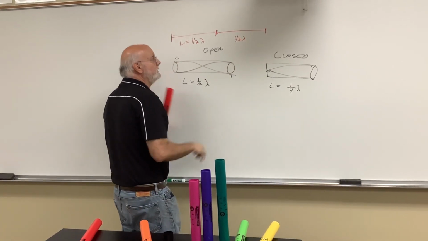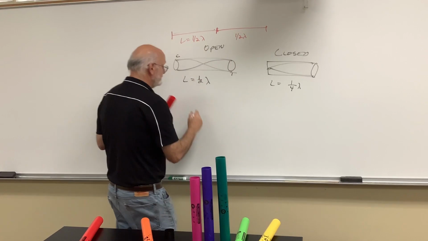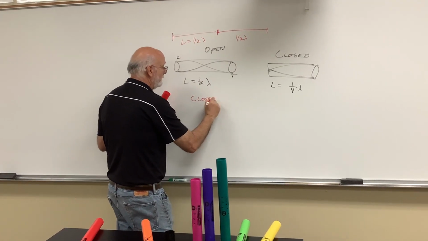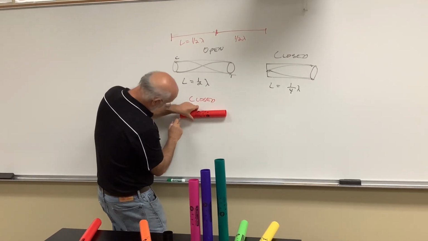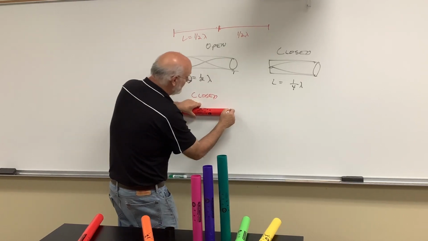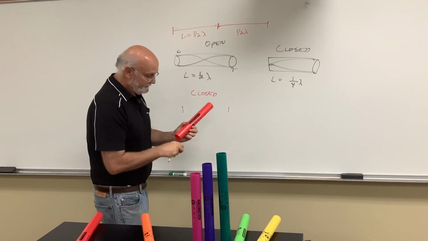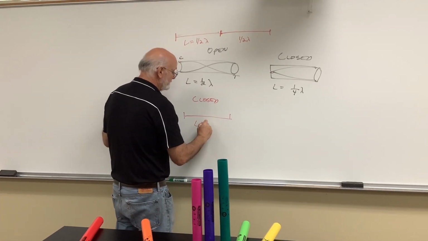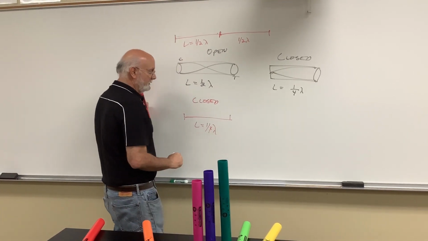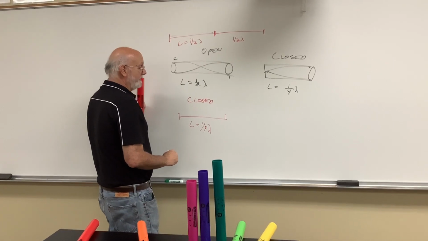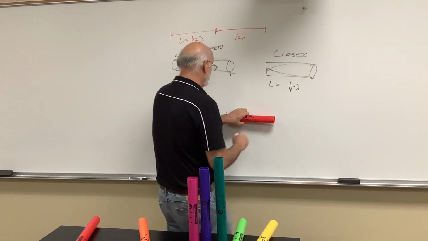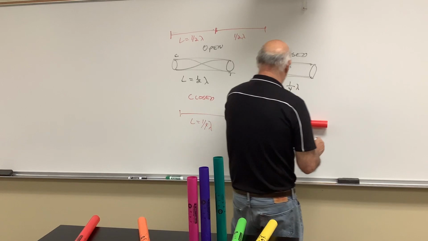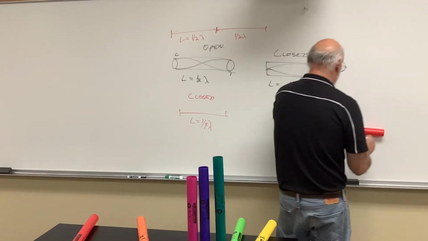For the closed, let's do the closed right here. Once again, I'm going to get this length, but now it's going to be a closed tube, and that means the length is 1/4 wavelength. So in order to get the full wave, I need 4 of these. 2, 3, 4.